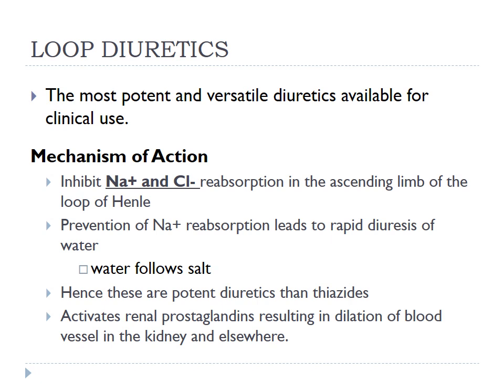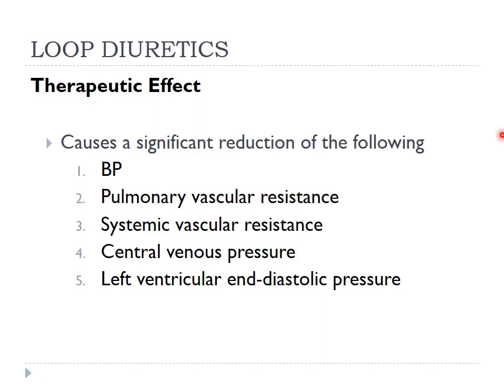This is the one you want to use if you want somebody diuresed quickly to save their life. Therapeutic effect can cause significant changes in BP, pulmonary vascular resistance, central venous pressure, and left ventricular end-diastolic pressure. So if you want significant changes quickly, this is the drug for you.